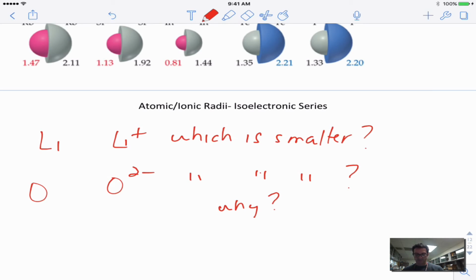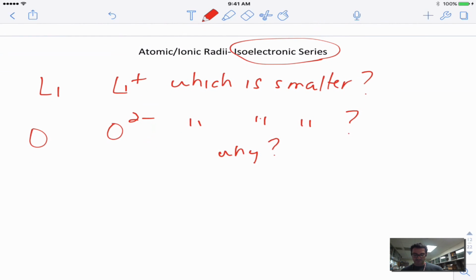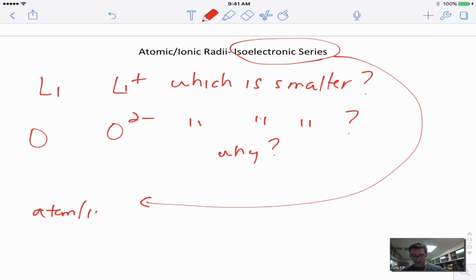Why is it smaller? There's something else that I want to do with you, though, to finish this off, and that's the isoelectronic series. The definition is an atom or ion with the same number of electrons.